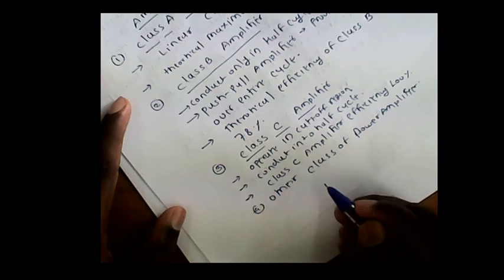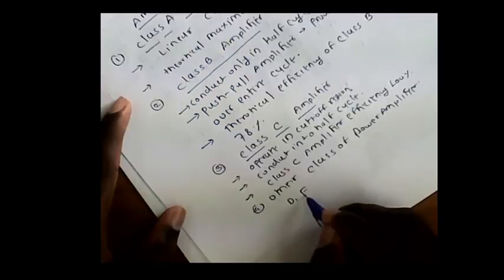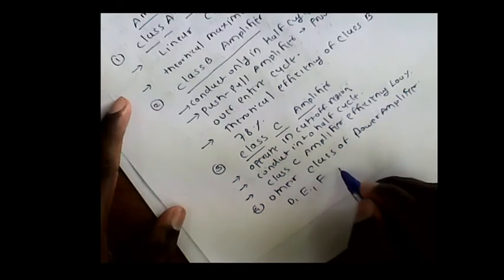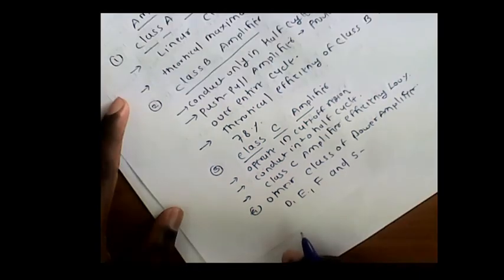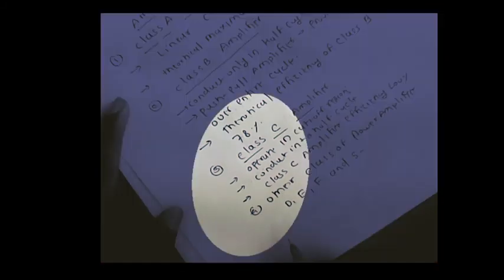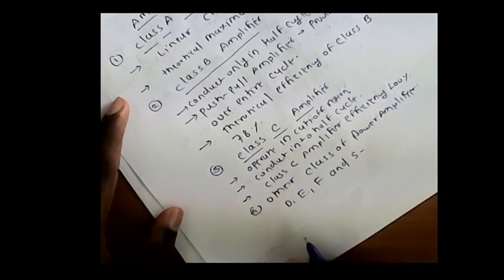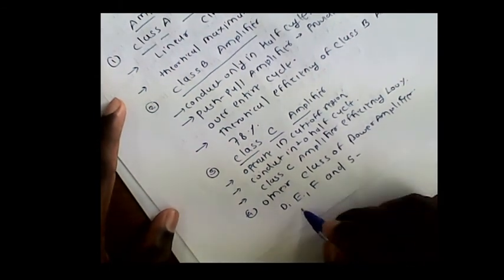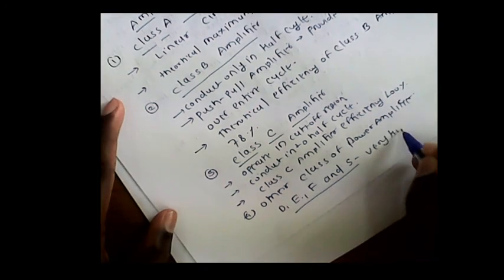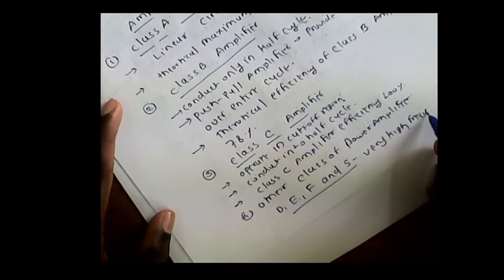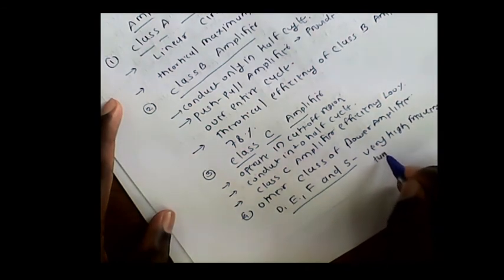D, E, F and S are other versions of classification of power amplifier which operate at very high frequency, and there are also class A, class AB and class B power amplifiers, because they need only low distortion products. This class of amplifier operates at very high frequency and requires a tank circuit.